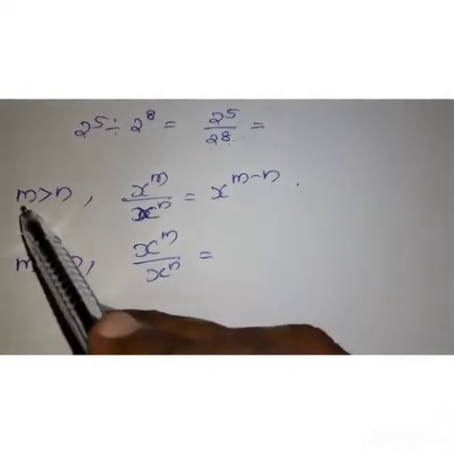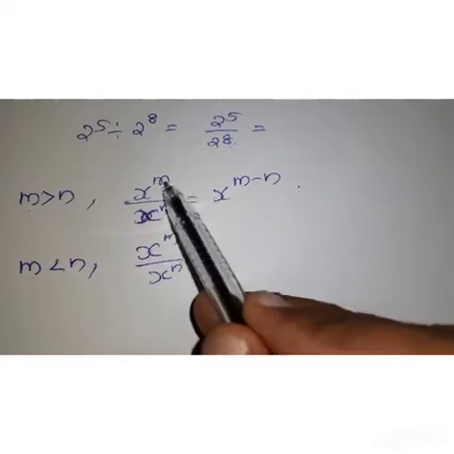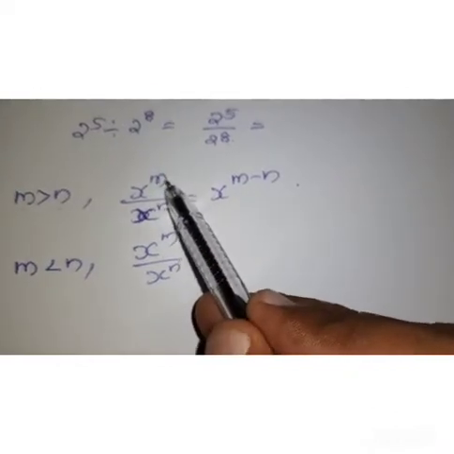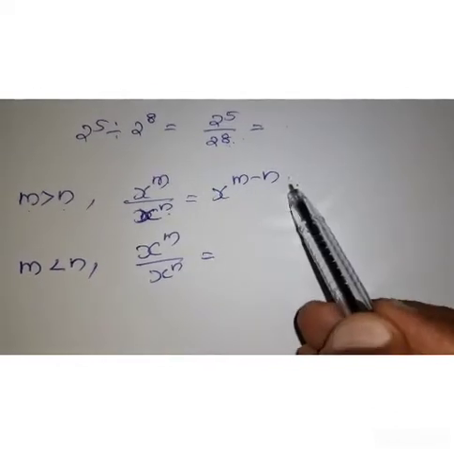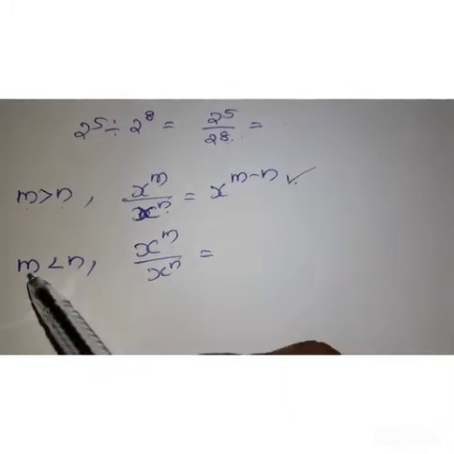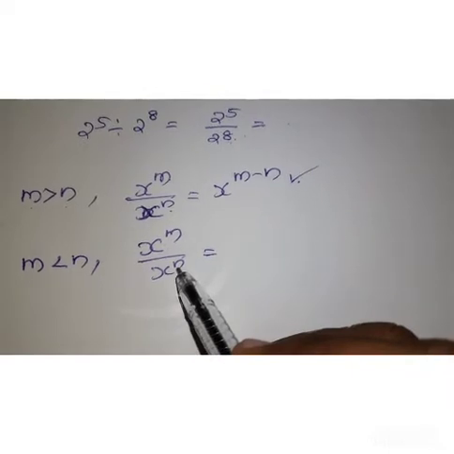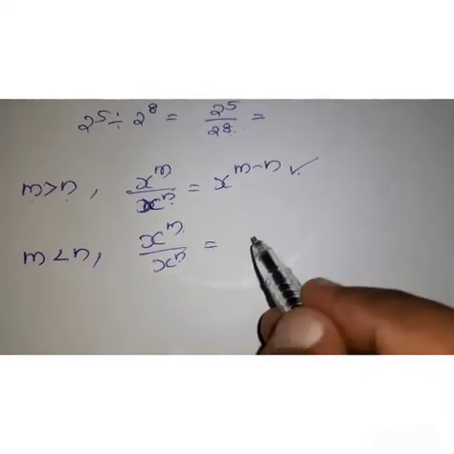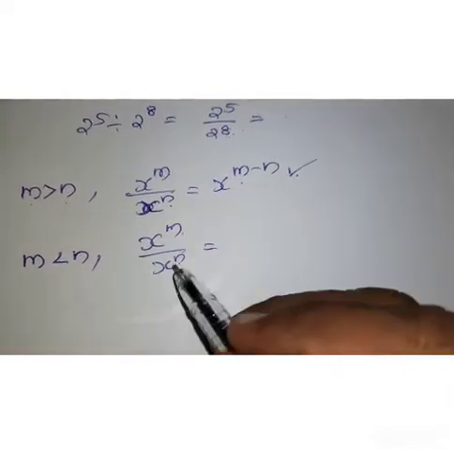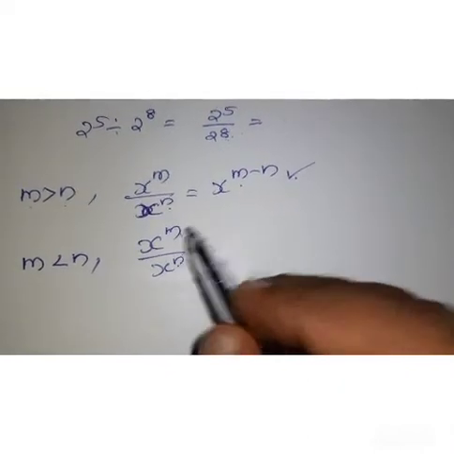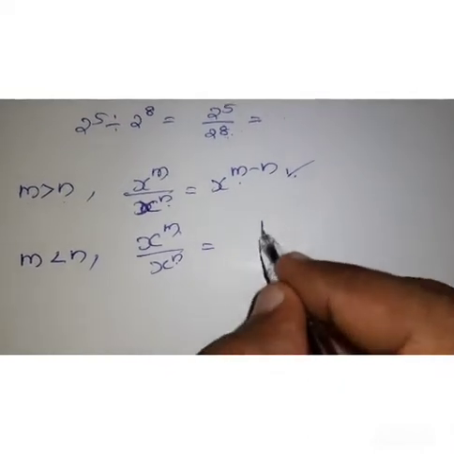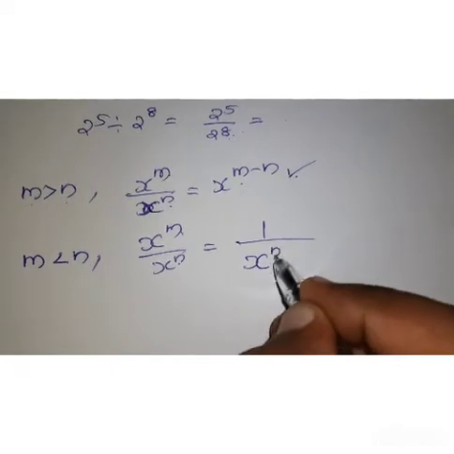So normally, if m is greater than n, you can use this equation. If m is less than n, that is, n is greater than m, you cannot use this equation, because this is a bigger number and this is a lower number. So it should be written like this: 1 divided by x raised to n minus m.